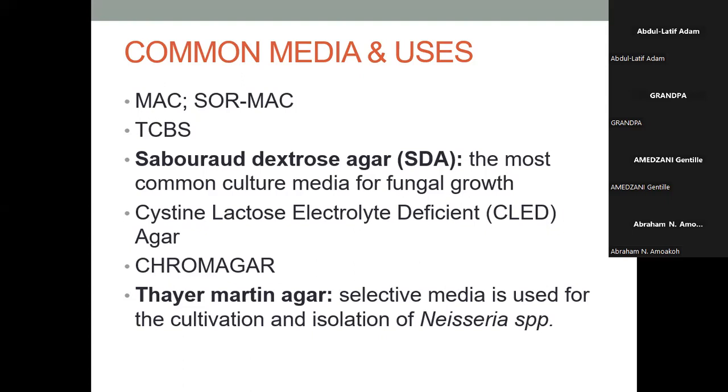And so depending on the media and what kind of organism you want to grow, the pH can be modified. So what I'm saying is that SDA, which is Sabouraud dextrose agar, is for the growth of fungi. And the pH of SDA is around 5 because that is the pH that will support the growth of fungi. Fungi are acidophiles.